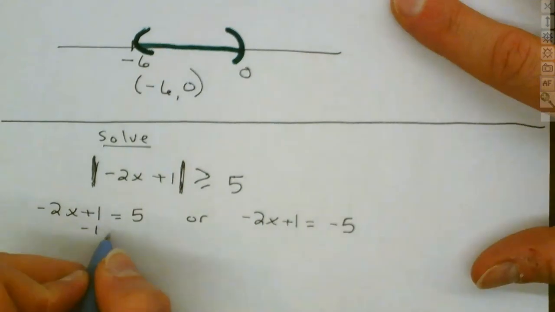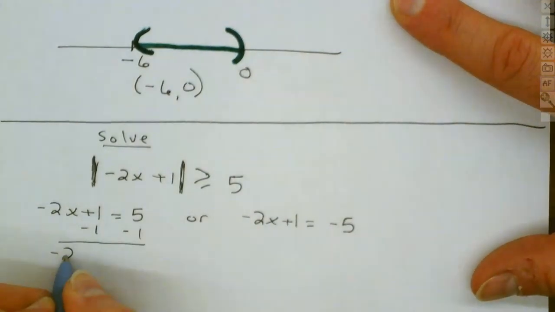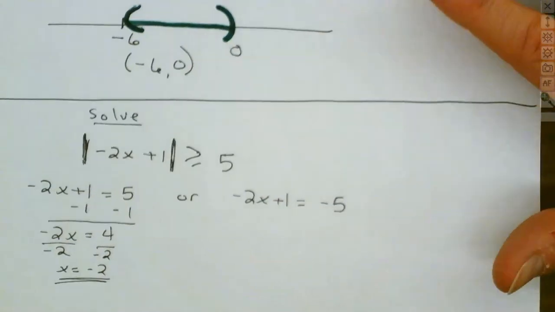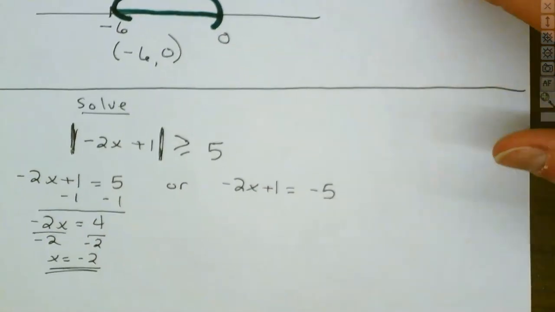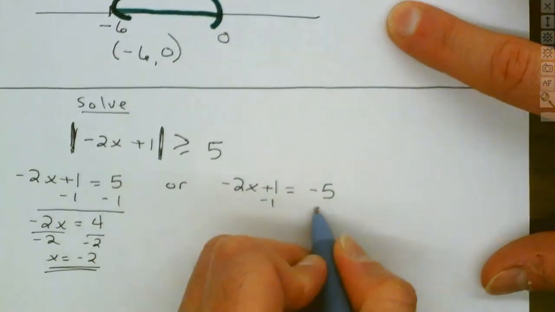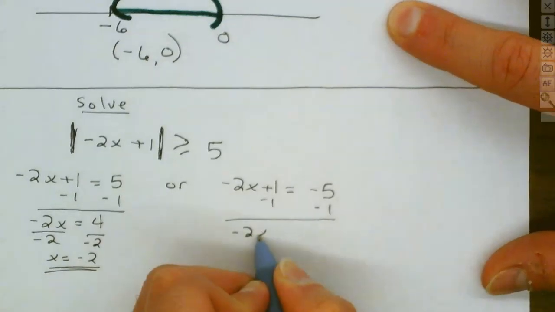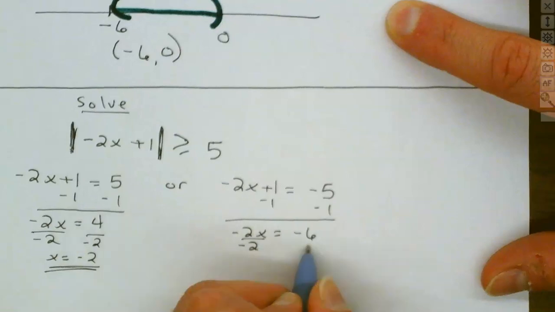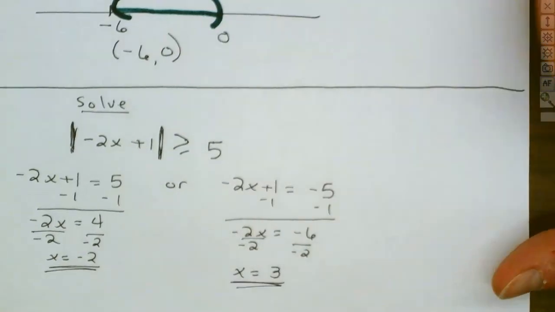Move that 1 over, so minus 2x equals 4. Divide by our negative 2, and one of them is minus 2. Repeat the process. That gives you minus 2x equals minus 6. We divide by our negative 2, and x now equals 3.